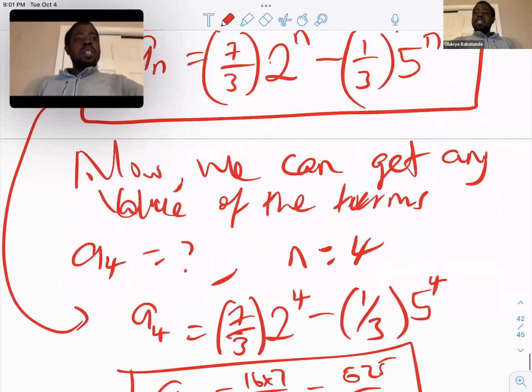Okay, so that is the question. Now the case we are considering is a characteristic equation with repeated roots.